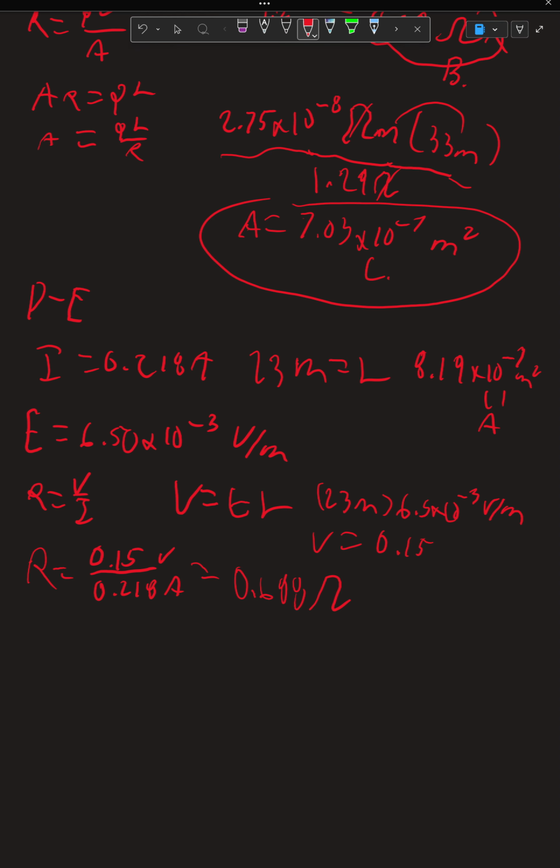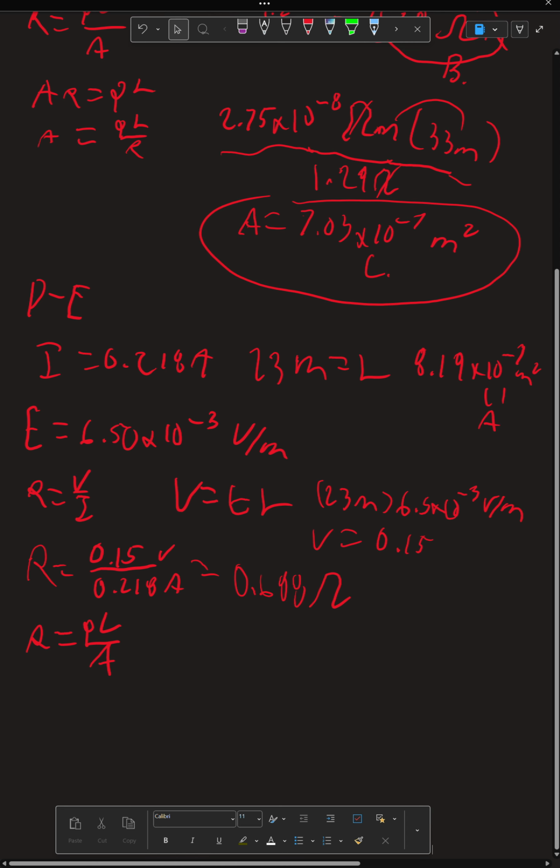Since we have all this, all we have to do to get the resistivity, hold up, let me do the formula real quick. To find resistance, you use R equals ρL over A. And then you just have to move ρ by itself.